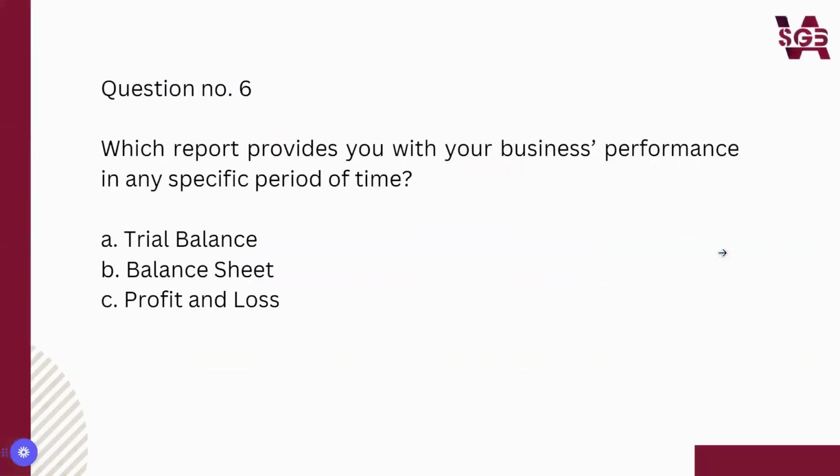Question number 6. Which report provides you with your business performance in any specific period of time? A, trial balance. B, balance sheet. C, profit and loss. Please answer.